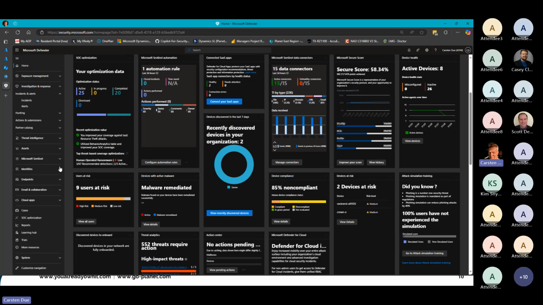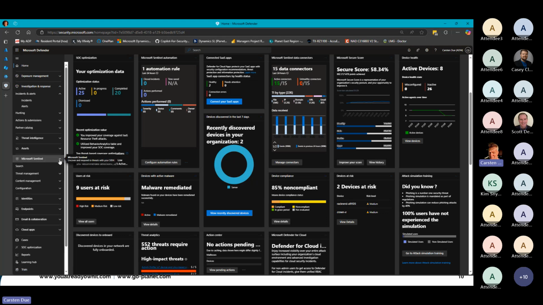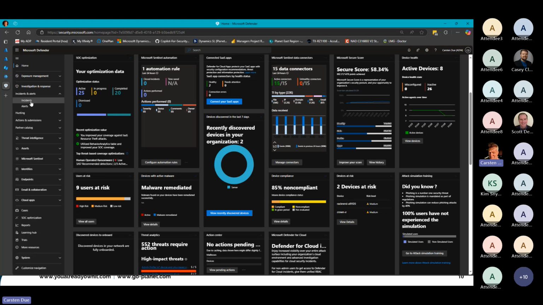If you spotted it, I have Sentinel inside of XDR. You see up here, the Sentinel, the data connectors, it shows me data about Sentinel. If I expand here, I can go to the logs of Sentinel from XDR, and I can search logs. So let's not do that, but let's go to incidents.